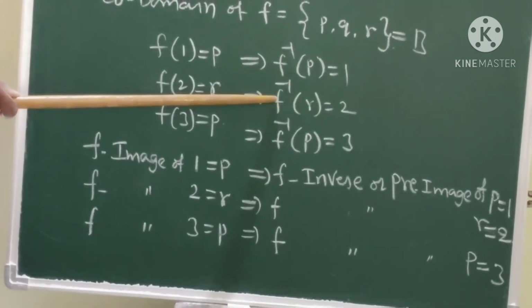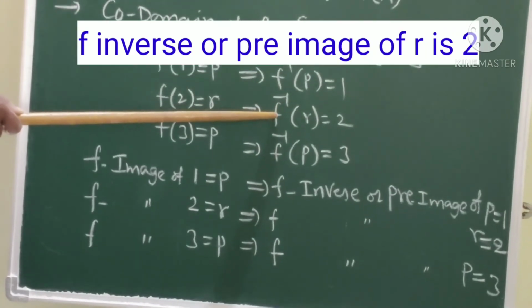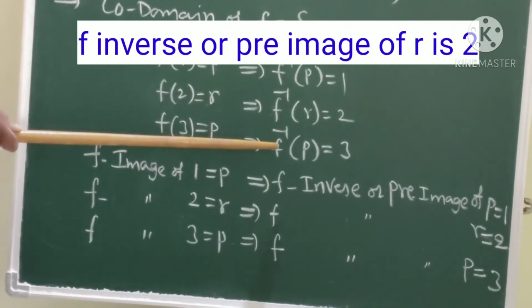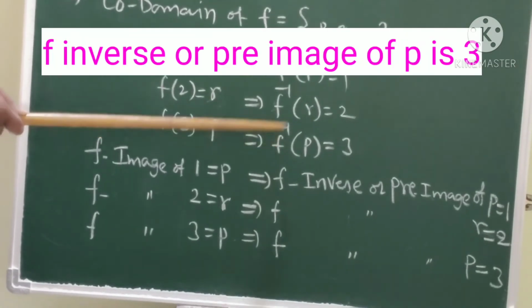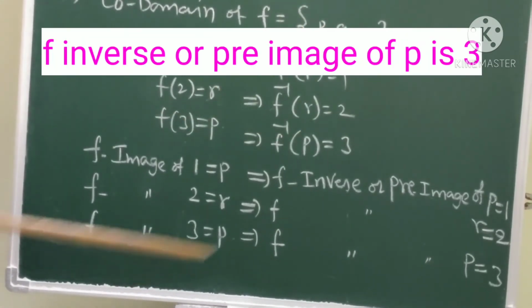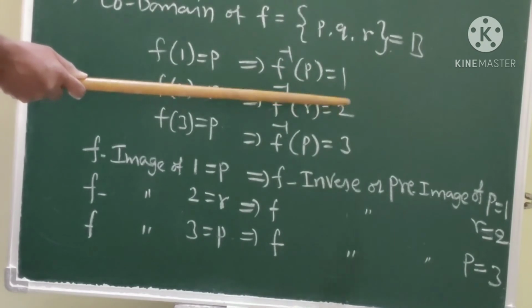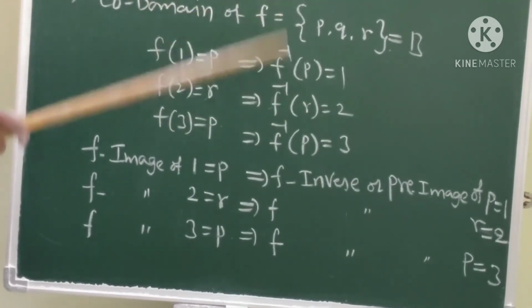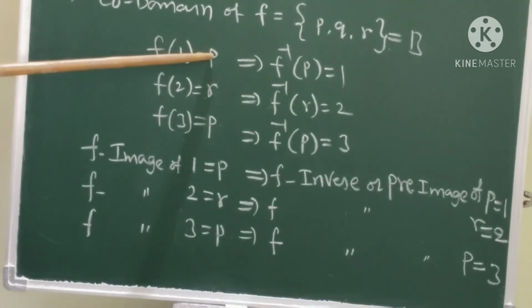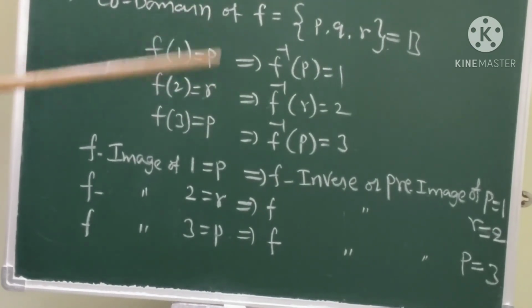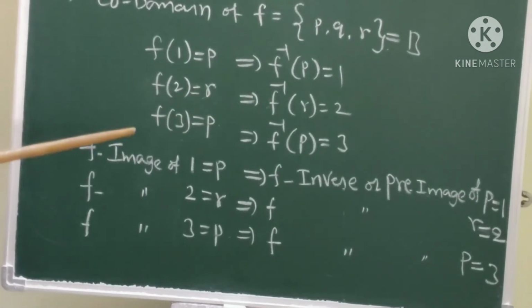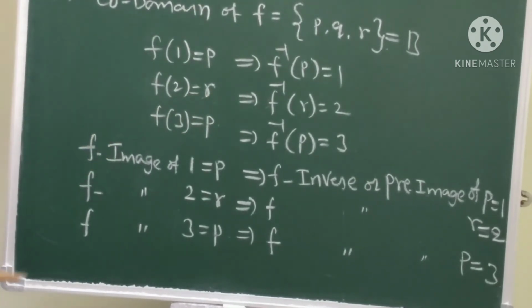Similarly, f inverse of R, the f inverse image of R is 2. Third one, the f inverse image of P is 3. Here 1, 2, 3 are called inverse images or pre-images. P, R, P are called images. So this is nothing but image and pre-image.